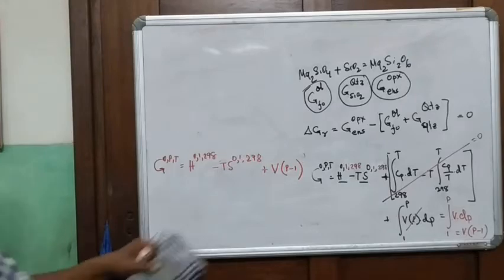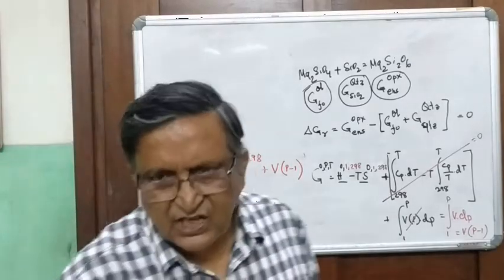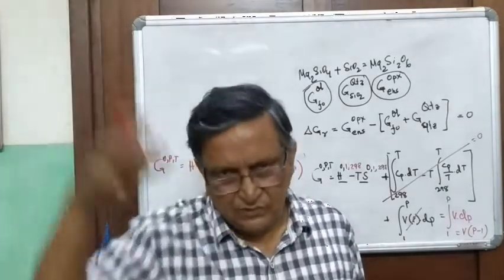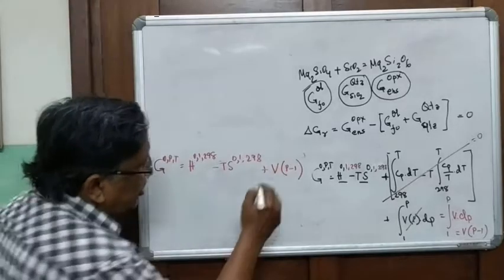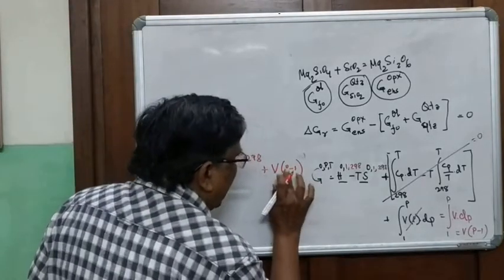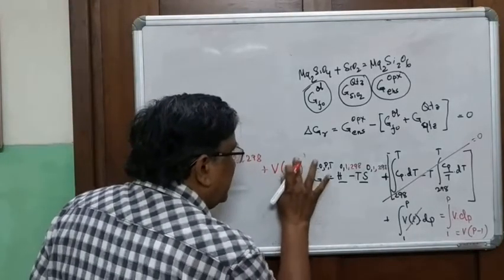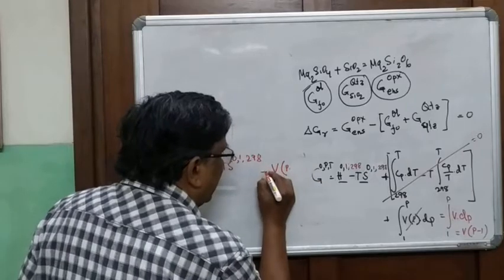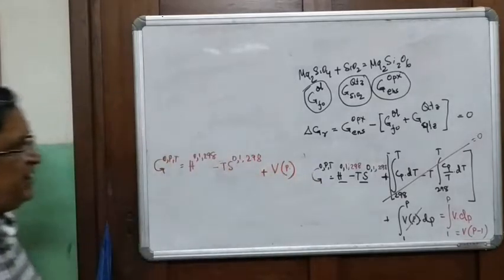Now normally pressures are quite high, 6,000, 7,000, 8,000 kilobars, and so we can ignore the minus 1 and write P into V.